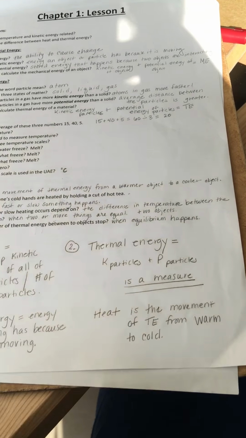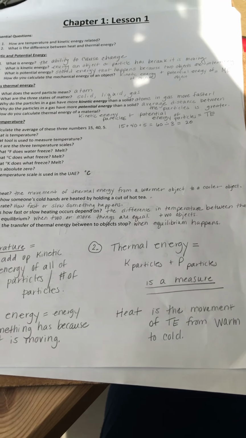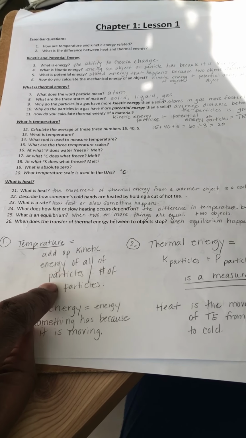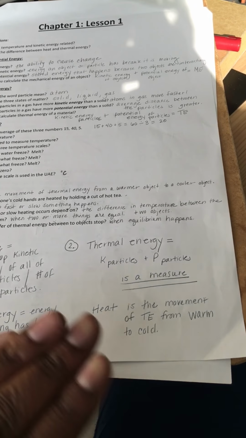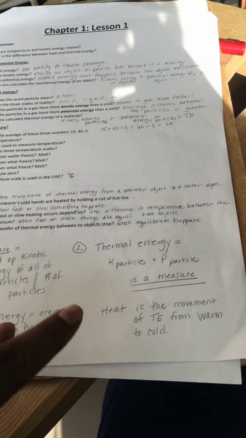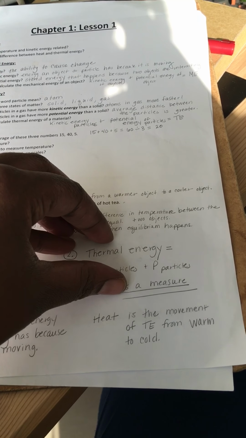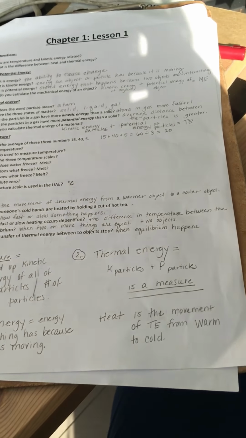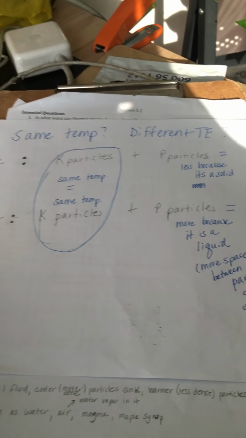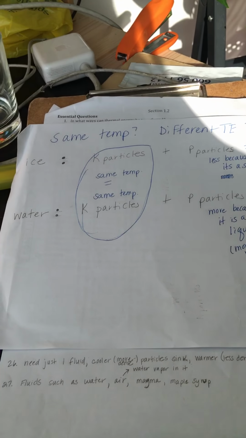It's just the movement of thermal energy from warm to cold. It's not a measurement. Well, you can take the temperature of something, but when you take the temperature, this is what you're taking. So heat is just the movement of thermal energy from warm to cold. So make sure you know this: thermal energy is something that you measure, but heat or heating is just the movement of thermal energy.